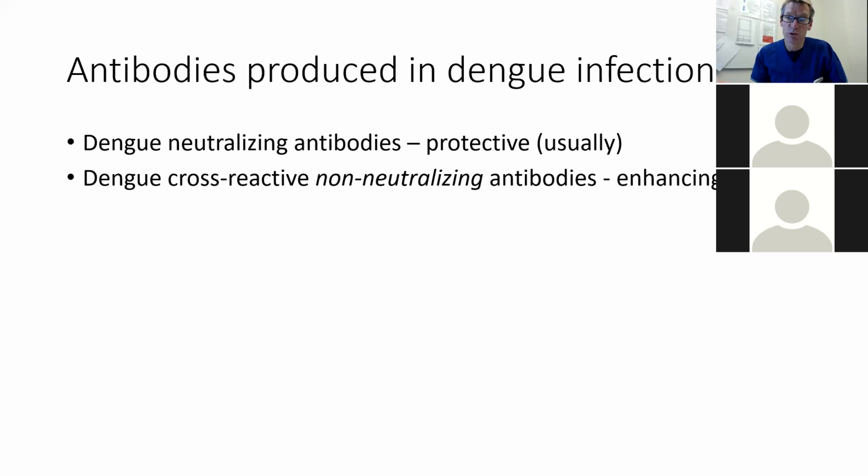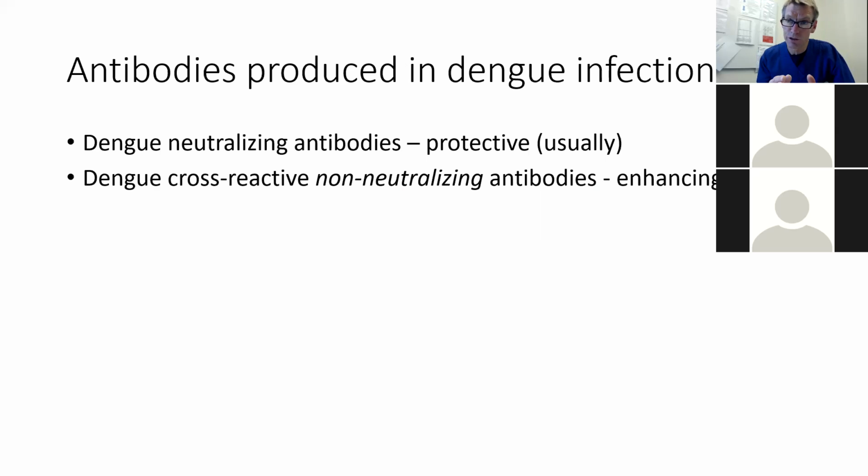And just like with all viruses, with measles or influenza or RSV, the body makes protective antibodies that combine with the virus and encourage the immune system to kill the virus, either through complement or through neutrophil or macrophage phagocytosis or filtering out in the spleen. So the fact that the virus combines with antibodies means that the immune system can do a much better job. And the same is true of dengue.